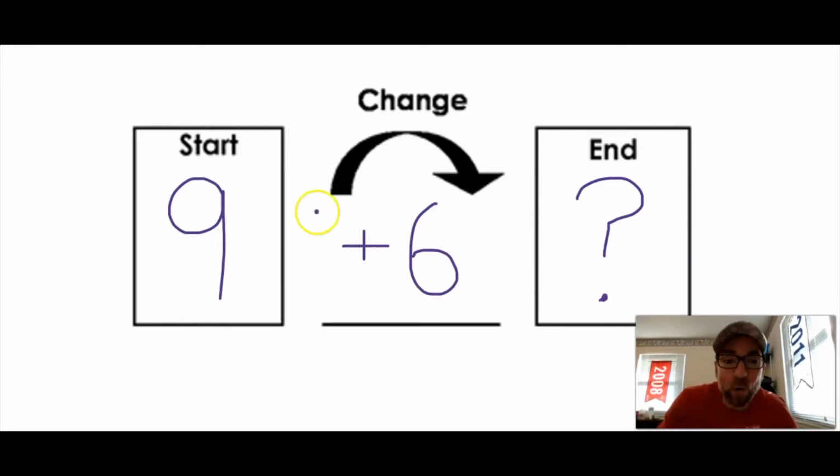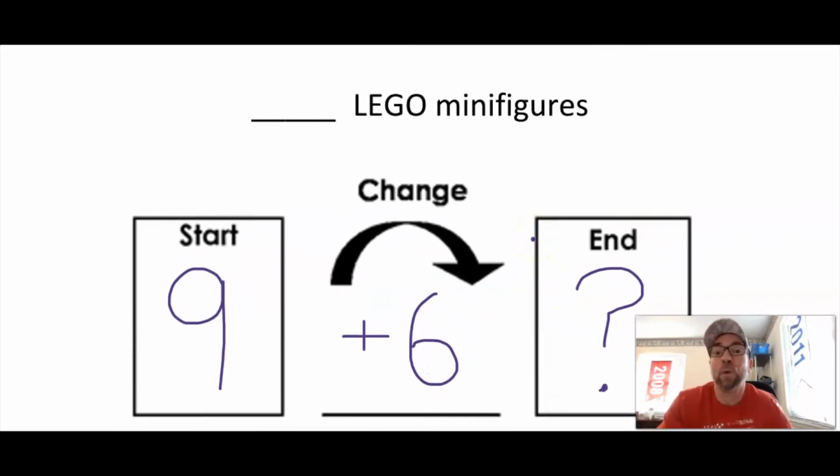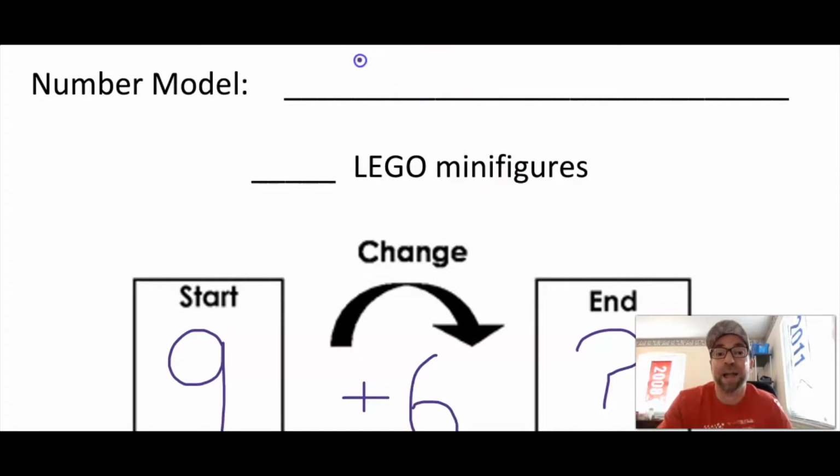Now you can almost see the number model here. Here it is. Look at that number model. So let's write a number model on our whiteboard. 9 plus 6 equals, and we can put a question mark.